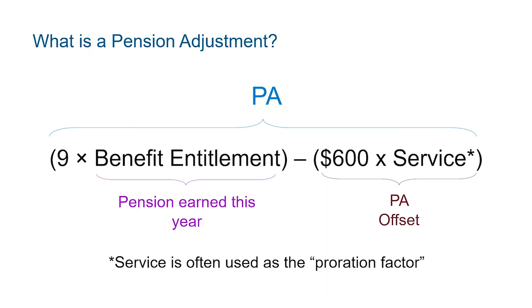However, the PA offset amount is typically multiplied by a proration factor. For DB Prime members, the PA offset is prorated on the pensionable service, so the proration factor is equal to the member's pensionable service in DB Prime for that year. For example, if a member only works half of the year, the offset would be cut in half to $300.